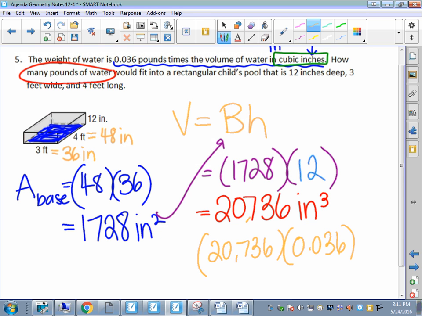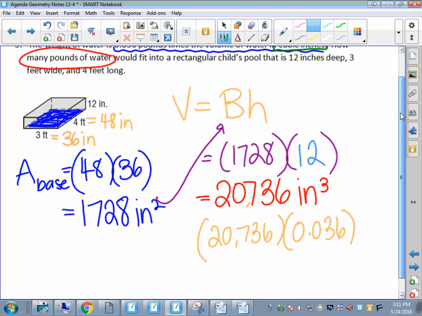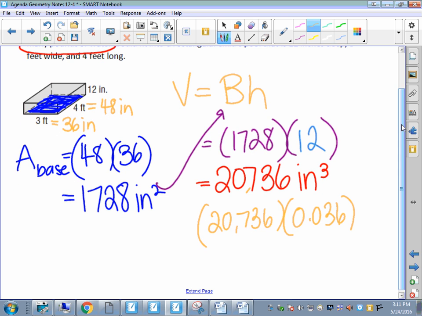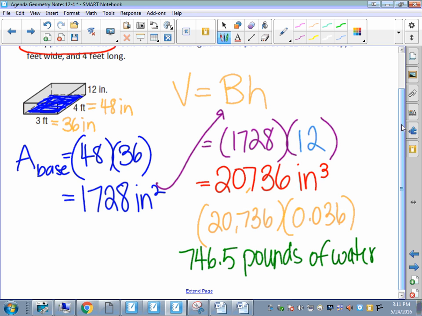And when I do that, that's going to tell me how many pounds of water are going to fit in that little 3 foot by 4 foot by 1 foot tall pool. This would be tough to move once you fill this guy up. Do the math, and I had 746.5 pounds of water in that pool. You should probably move it before you fill it, huh? I'd have a tough time moving that.